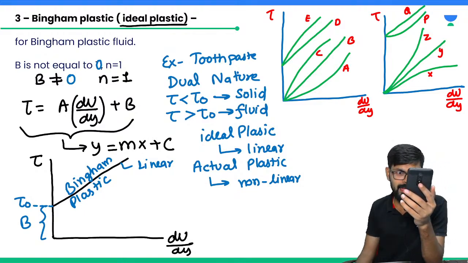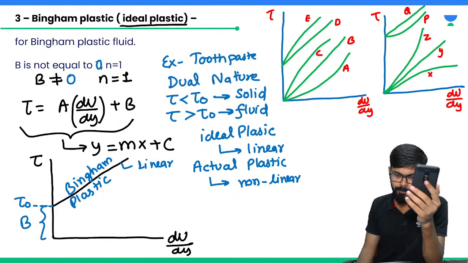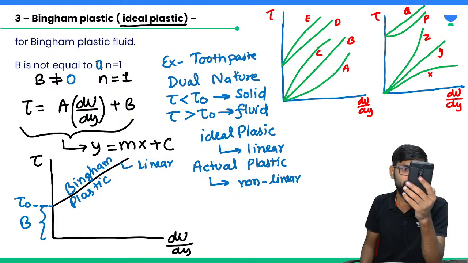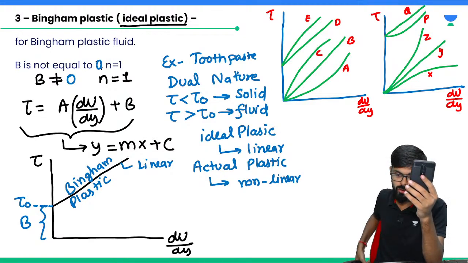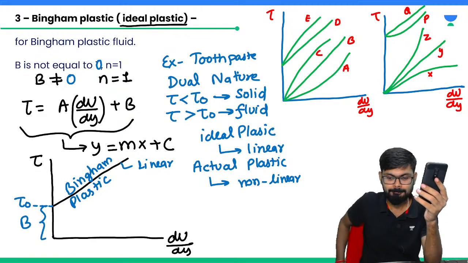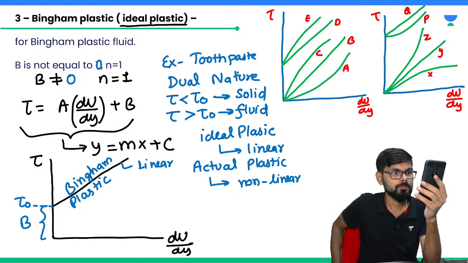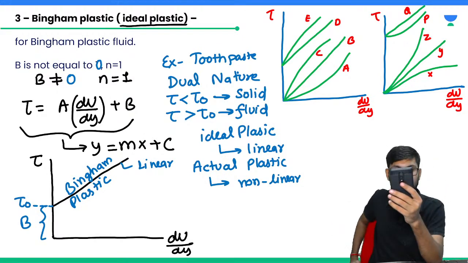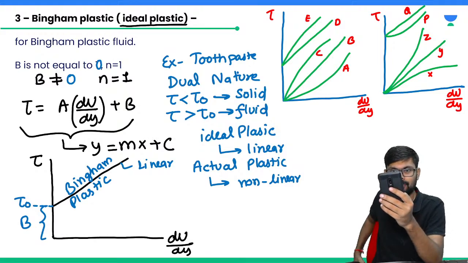Yash is saying that A is dilatant, B is Newtonian, C is pseudoplastic, D is Bingham plastic, E is actual plastic, X is pseudoplastic, Y is Newtonian, Z is dilatant, P is actual, Q is Bingham. Very good.